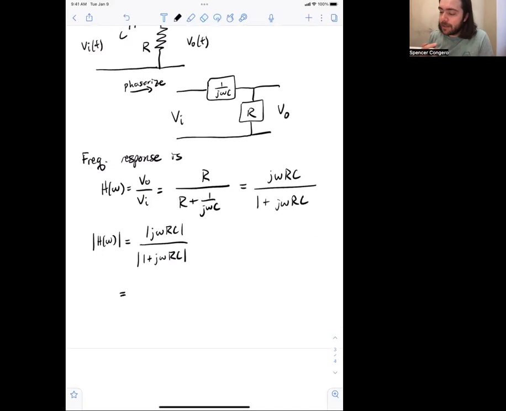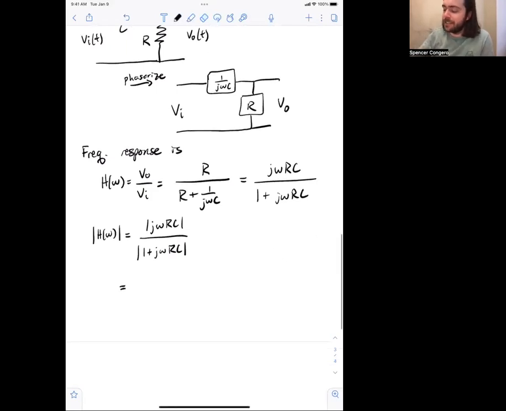Okay, well, we know that the magnitude of a product of complex numbers is just the product of their magnitudes. So this is equal to the magnitude of j times the magnitude of omega times the magnitude of R times the magnitude of C. What's the magnitude of j? Well, j is just right here on the unit circle in the complex plane. So the magnitude of that is 1. Magnitude of omega, I think I might have said W as omega.